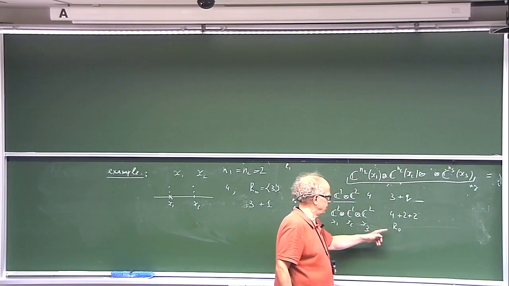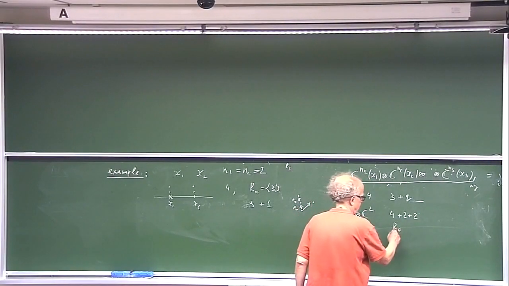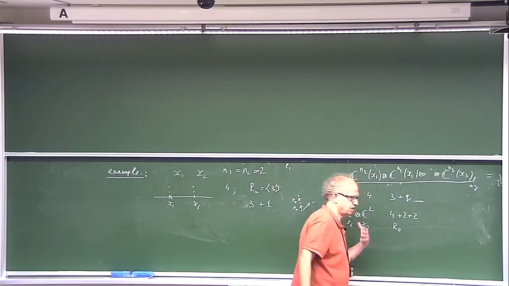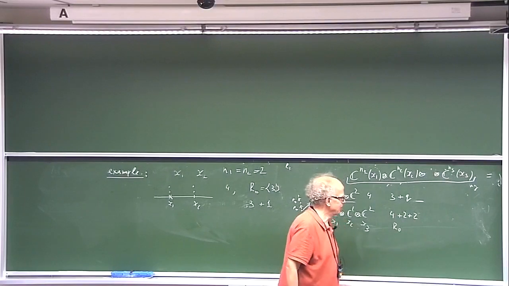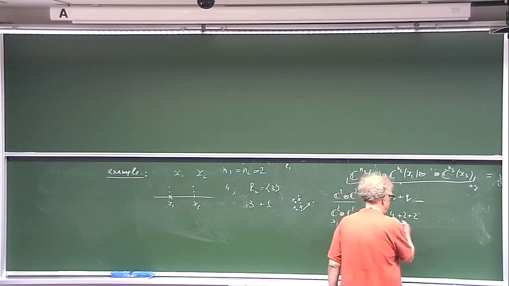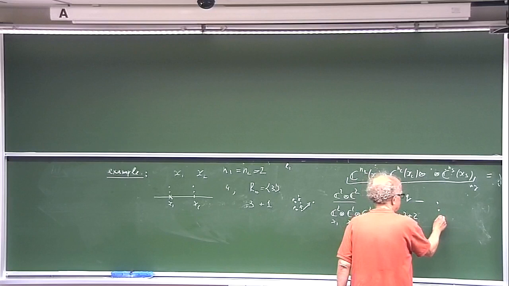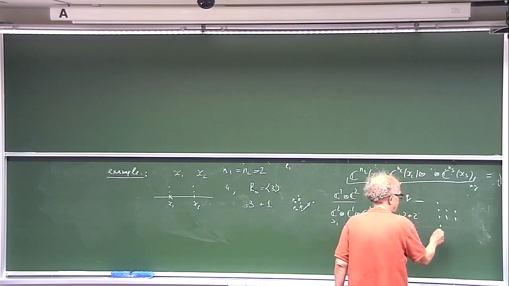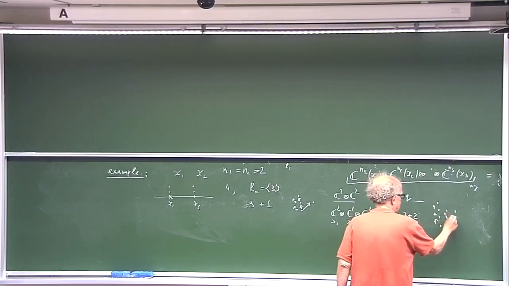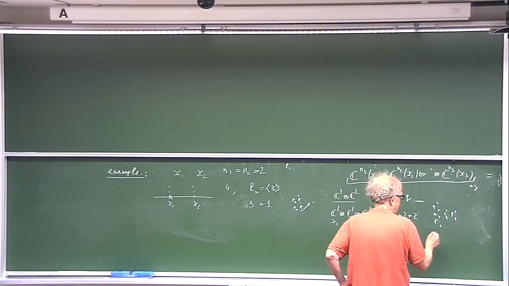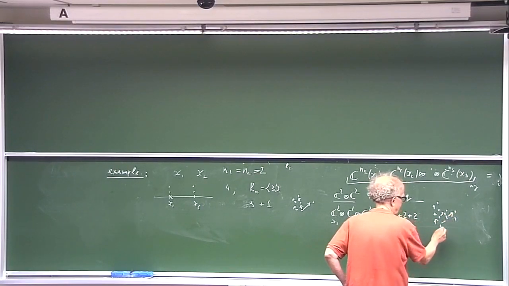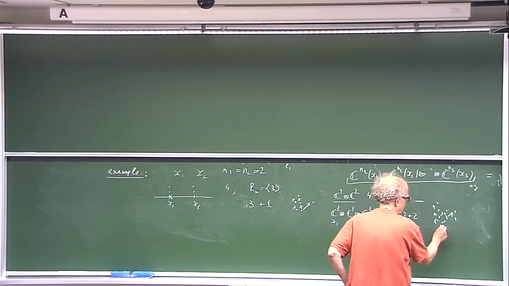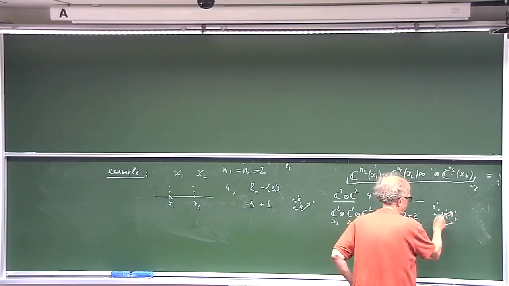So it means that R1 is bigger by 2, and R2 is bigger, and the corresponding action is the following: E0 is acting this way, E1 is acting this way, and E2 is acting this way, and that's all.